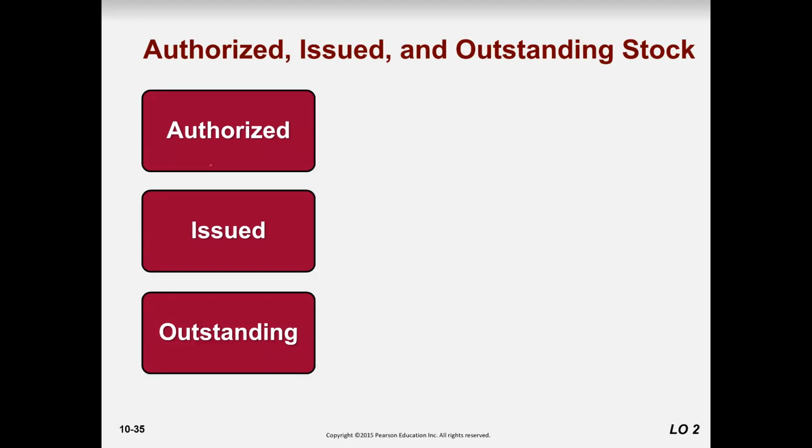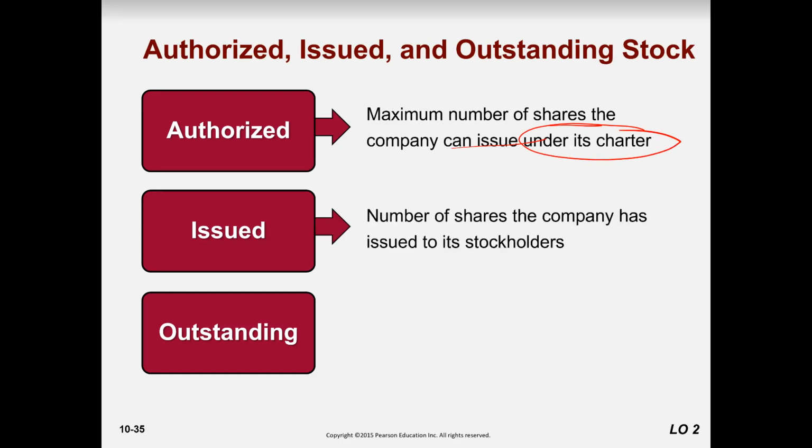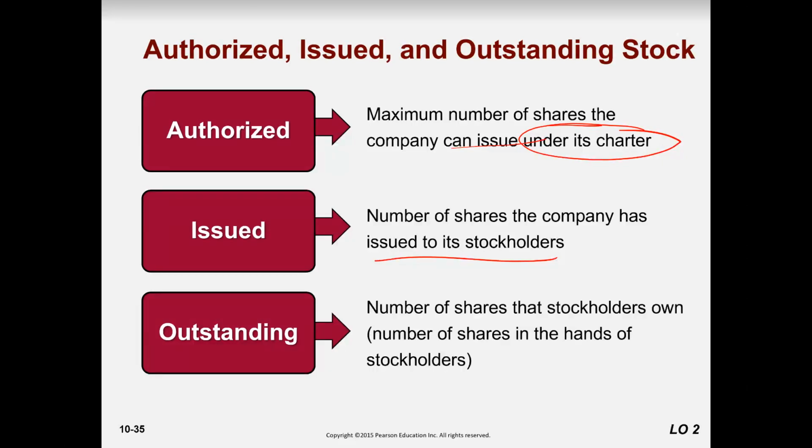Now, we talked about the authorized issued capital, so let's just talk about that. Authorized means the maximum number of shares a company can issue under its charter. Issued means the number of shares the company has issued to shareholders. And then there is another category which is called outstanding, which means the number of shares that are in the market right now.